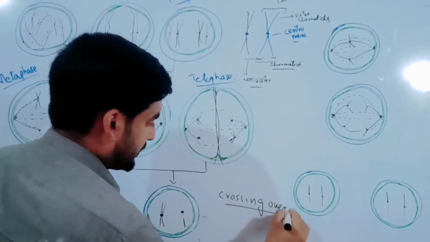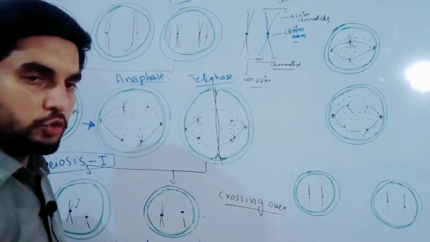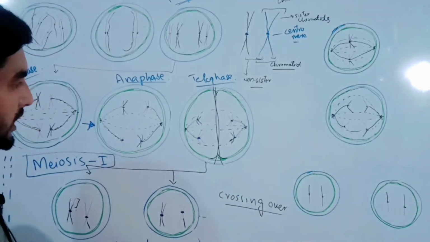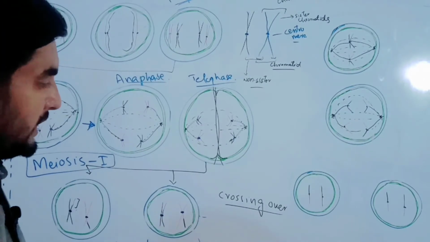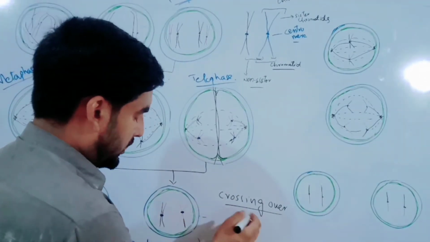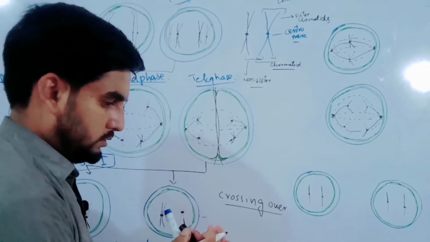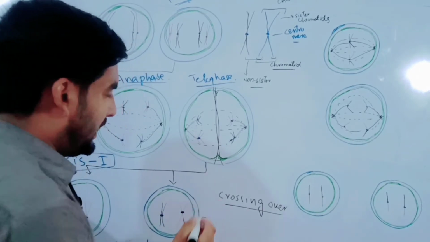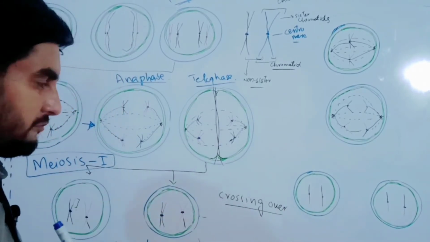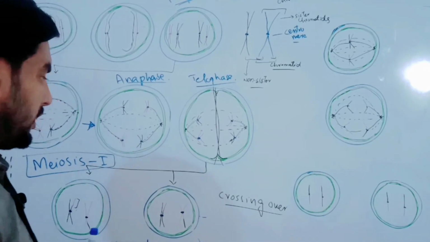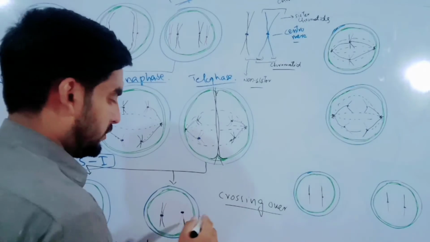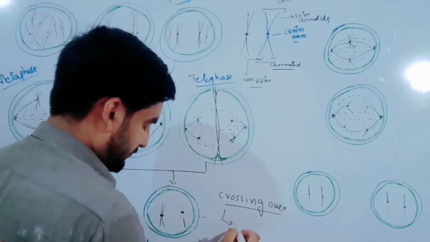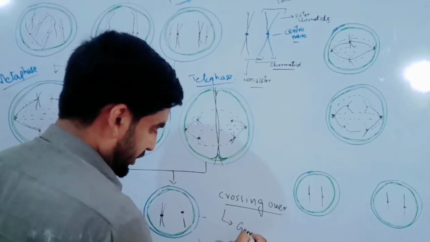In crossing over, chromosomes which are present in the form of pairs have their parts exchanged, and part of the segments of one chromosome become part of the other chromosome. This process is called crossing over. It's very important for genetic recombination.